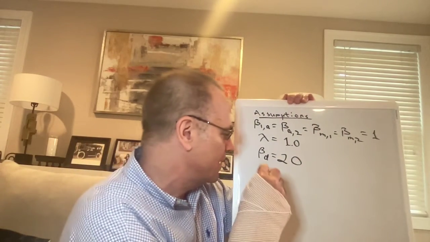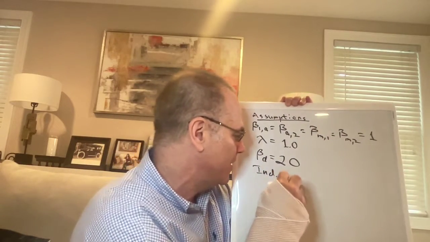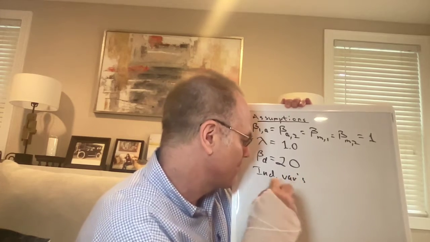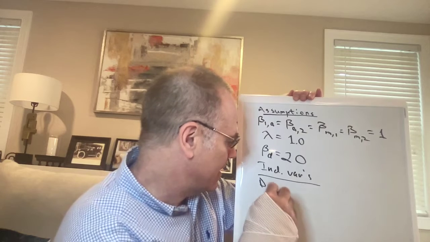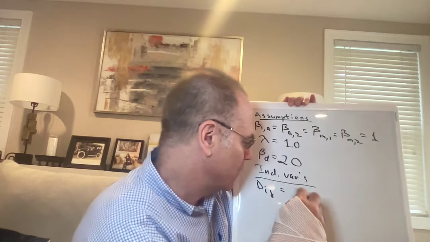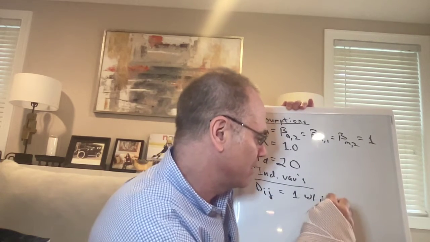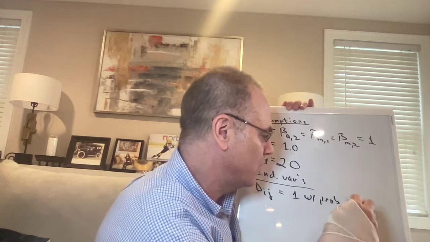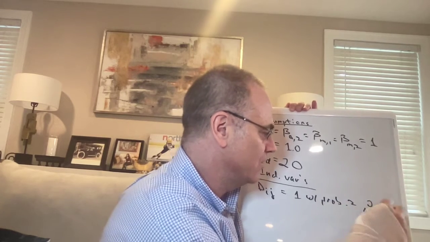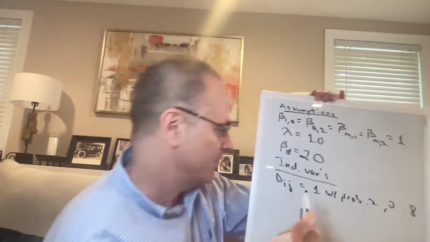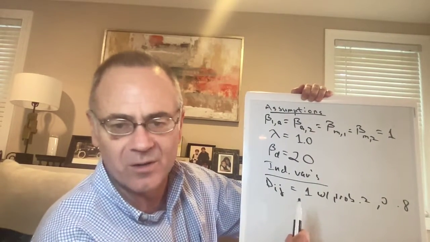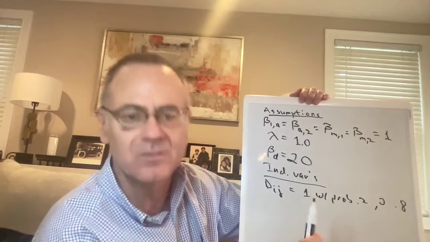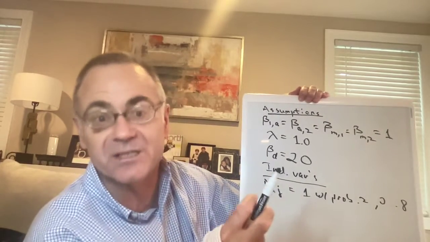Second, the independent variables. First of all, Dij equals 1 with probability 0.2, and 0 with probability 0.8. So that's just a binomial random variable, Dij, 1 or 0, with a 20% chance.